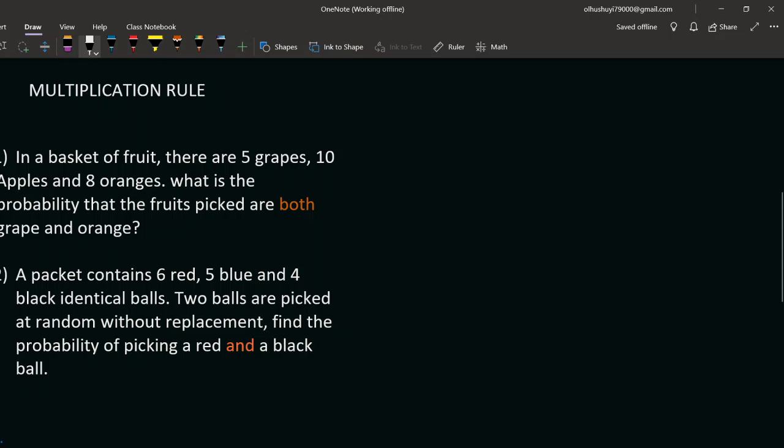Question 1. In a basket of fruit, there are 5 grapes, 10 apples, and 8 oranges. What is the probability that the fruits picked are both grape and orange? Now, you know how to calculate your probability.